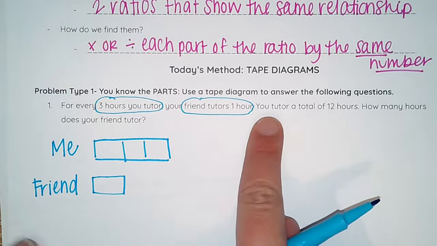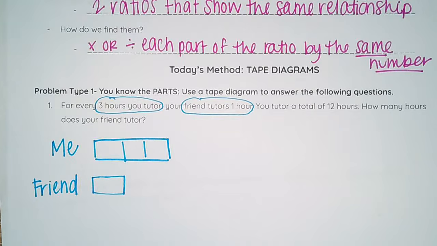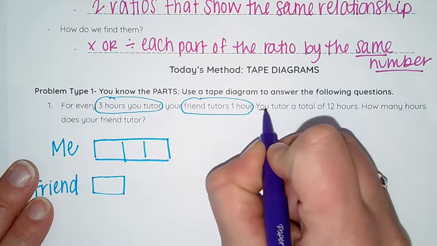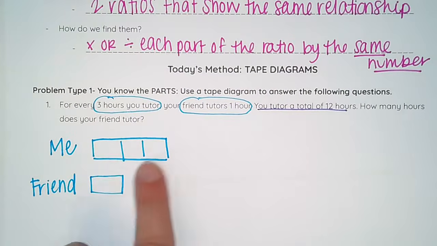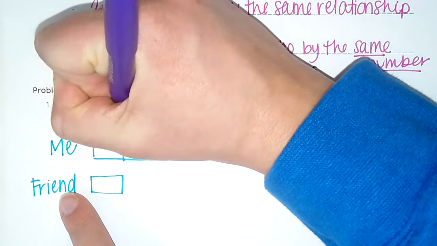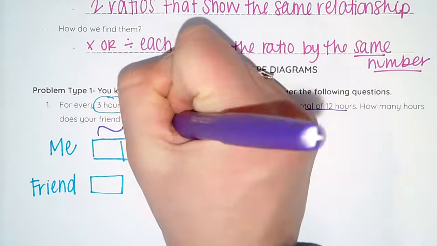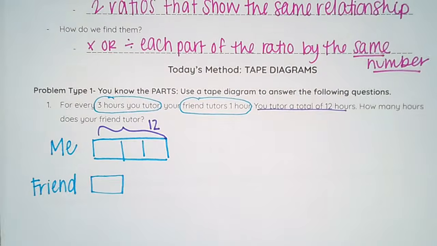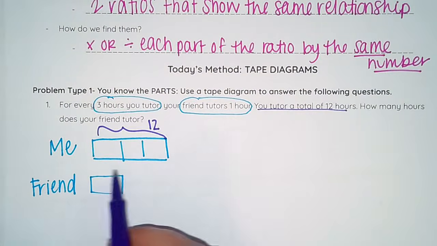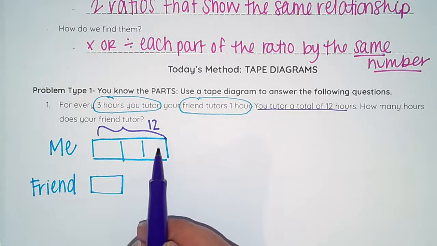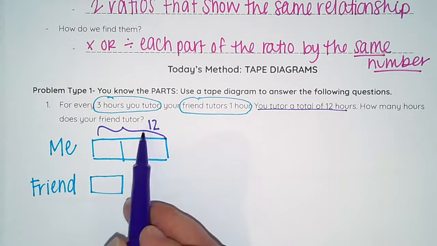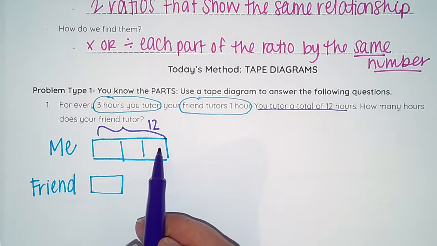Now, it says that I tutor a total of 12 hours. So this all combined is going to be 12. My next step is to see how 12 can fit into my parts.